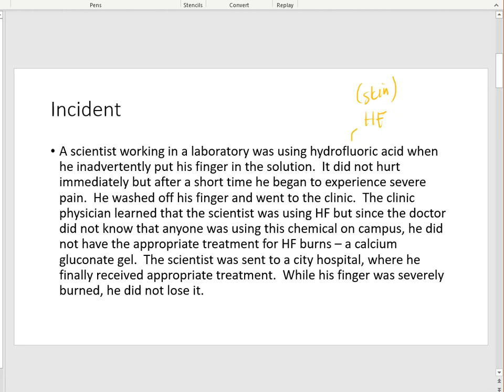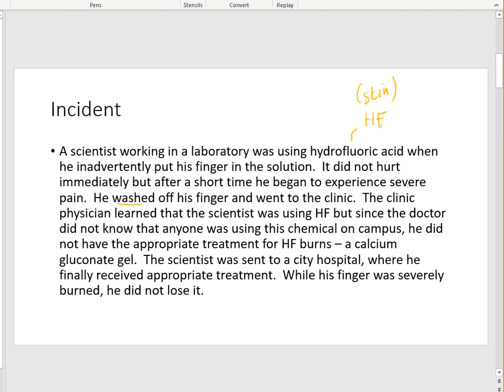So he didn't think anything of it, right? And that's typically what we do. If we expose ourselves to some type of chemical, if it doesn't hurt immediately, we just think it's going to be okay. But after some time, he began to experience severe pain. He washed off his finger and then went to the clinic.